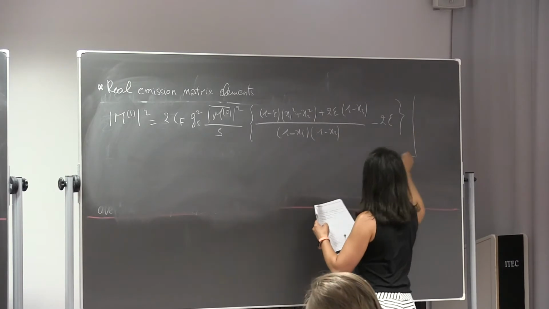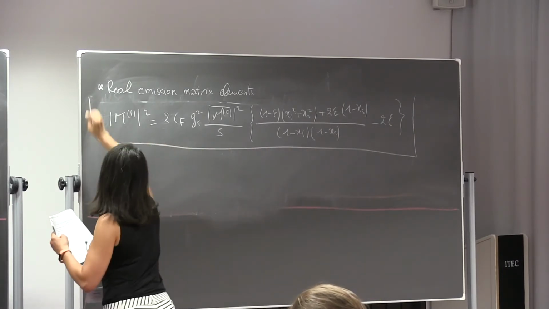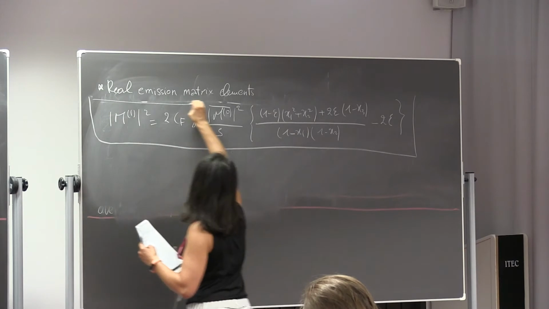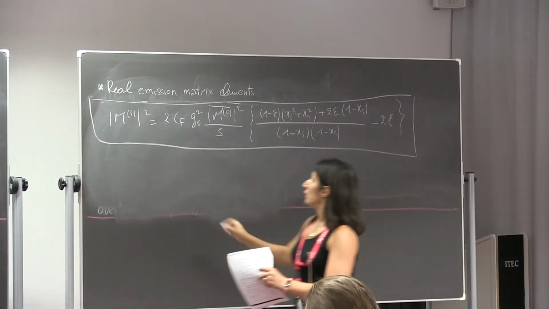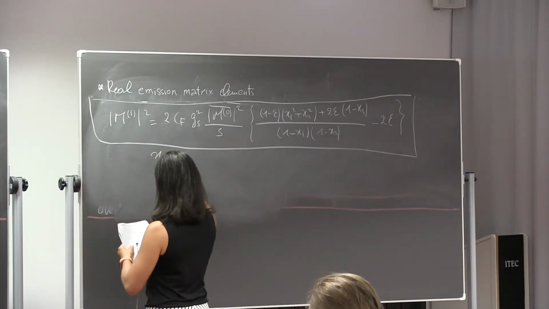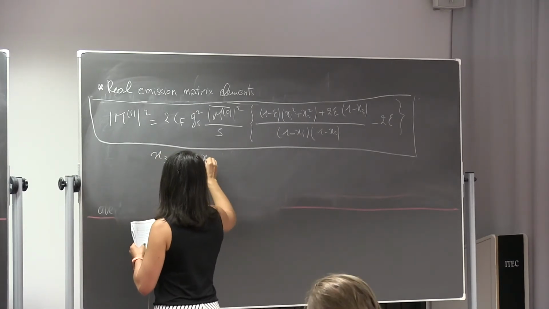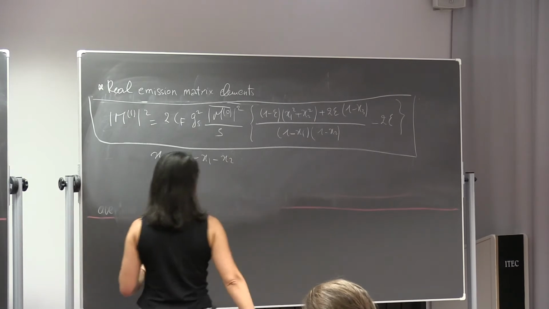And this is our amplitude squared. And just to remind you, x3 is connected to x1 and x2, so it is 2 minus x1 minus x2.